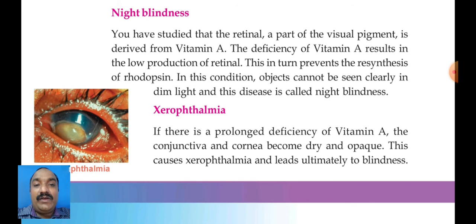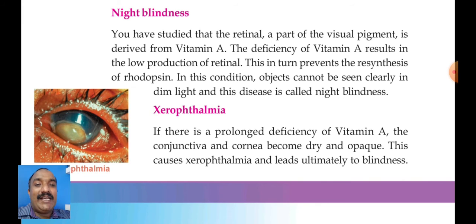When vitamin A is deficient in the daily diet, when vitamin A is less in our food, what will happen? That will lead to low production of retinal, and that will lead to difficulty in seeing clearly in dim light, and this condition is called night blindness.